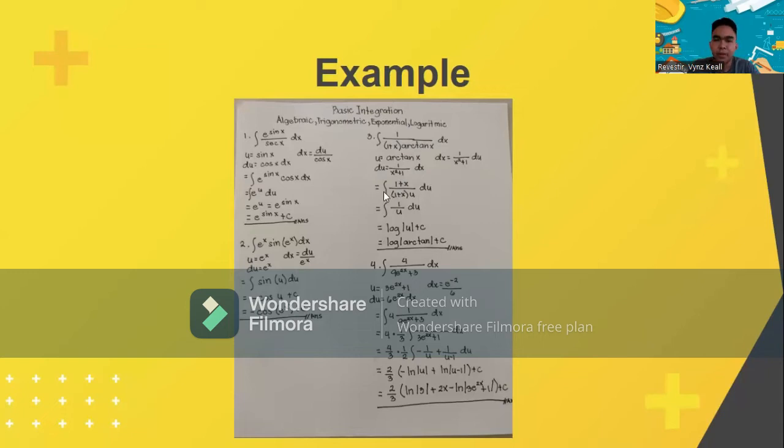So let's integrate. The integral of 1 plus x squared over 1 plus x squared, with u substituted for arctan x and du. Cancel.